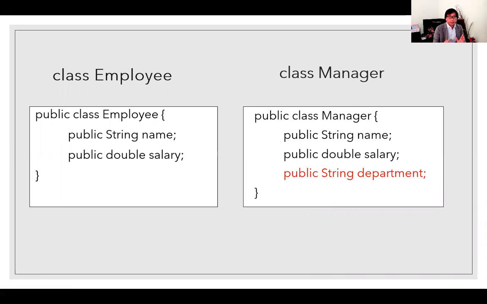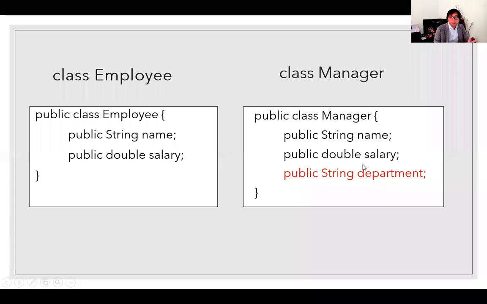As we can see, there are some similarities between these two classes, where the two classes share two attributes that have a similar meaning. The employee has a name and the manager also has a name. The employee has a salary and the manager has a salary.